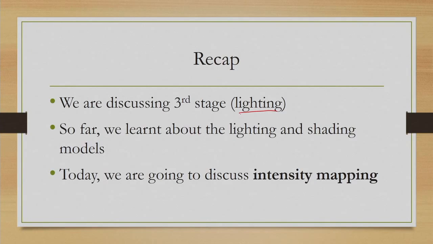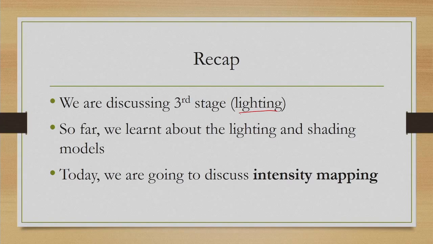Now, in the previous couple of lectures, we have learned about the process of coloring. That is, we learned about a simple lighting model and also we learned about shading models. To recap, the lighting model is a complex mathematical expression to compute color at a given point, and it makes use of various components of lights that are there when we try to see a colored object.